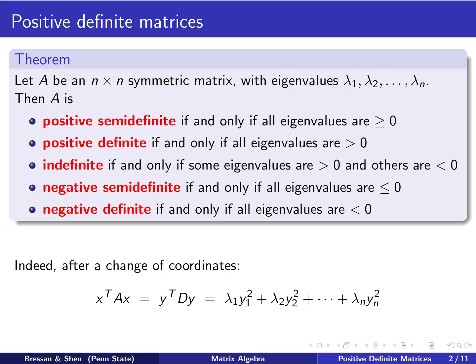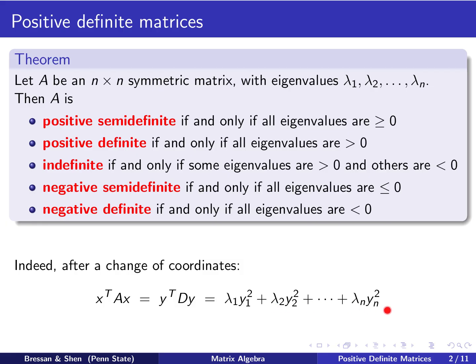The proof is very simple because we already know that we can diagonalize the matrix A and use that to change variable from x to y. With this change of coordinates, the quadratic form x transpose A x becomes y transpose D y, where D is a diagonal matrix with the eigenvalues along the diagonal.